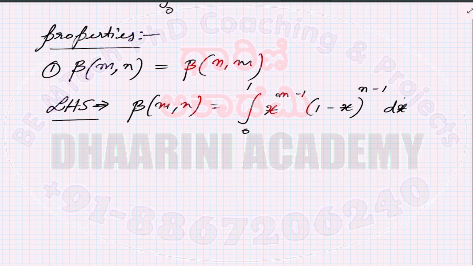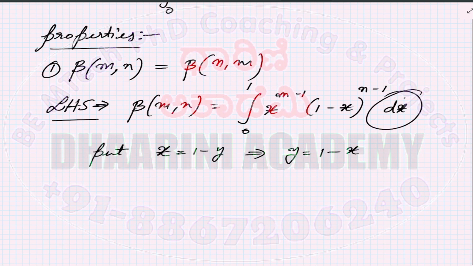Okay, so basically everything is integration, right? So what we do, we make a substitution now. I try to put x is equal to 1 minus y. This implies, if I take x to the other side, y should be equal to 1 minus x. So it means I have a dx in my equation, and I should have a substitution for that.